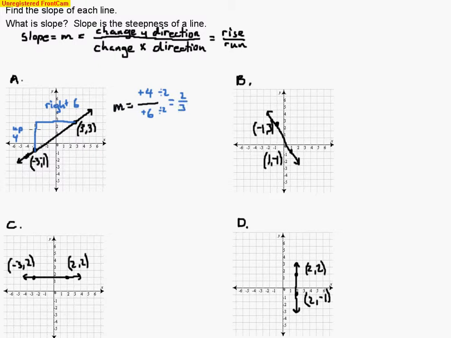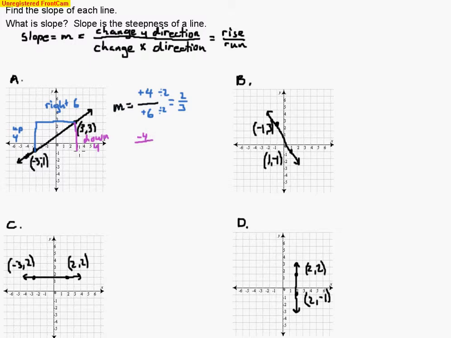Well, we could have gone the other way. We can always think of slope in either direction. We can also go down and then to the left. So if we go down, and change the color here, we're going down 4 spaces, the same number of spaces that we went up, but when we go down, we think of that as a negative number, so that would be -4.